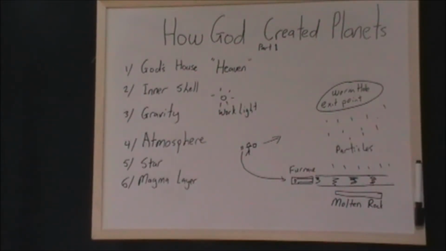The work light emits light but no heat. It is still going to this day. So it emitted a lot of light, and God then used that light to help him see what he was doing in the darkness.